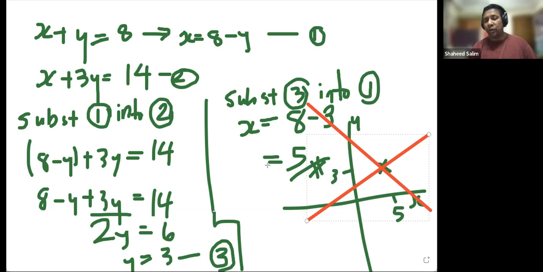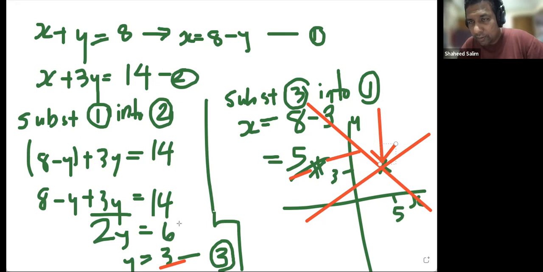So what you find in your answer is actually the intersection, where the two lines cut. So this is where it is, and that's why you have x and y value. Are you okay?